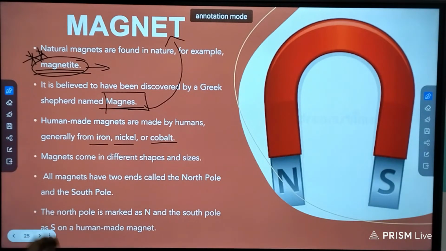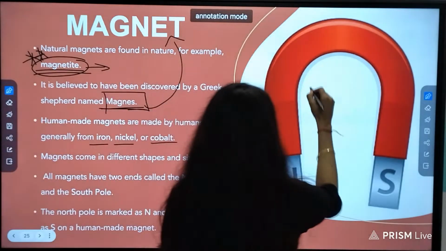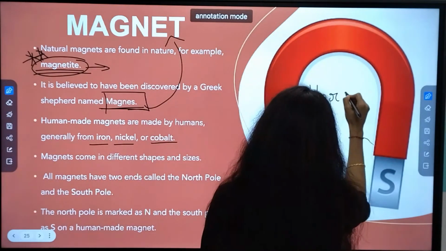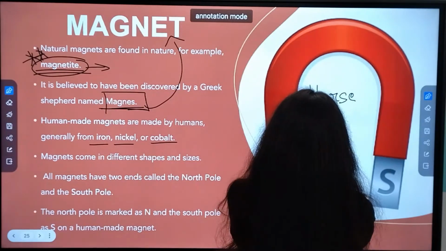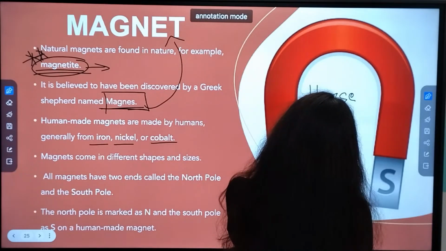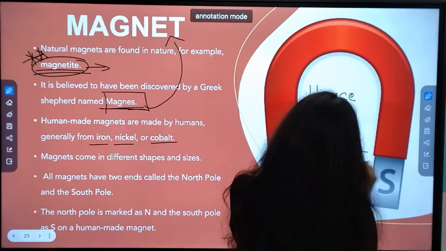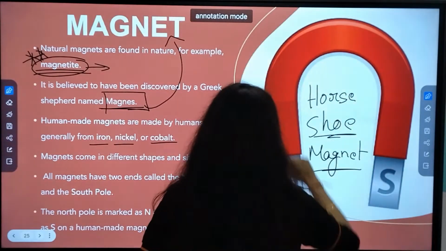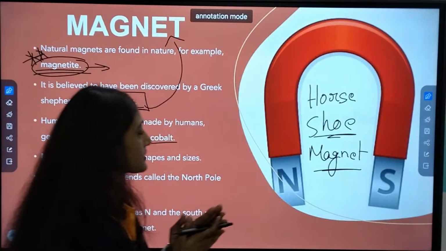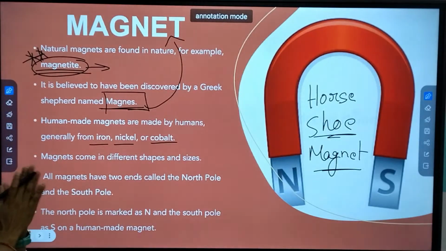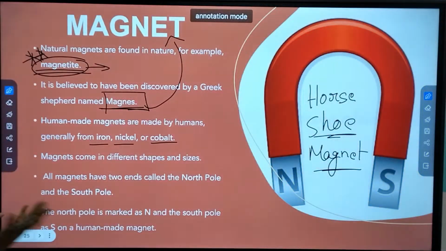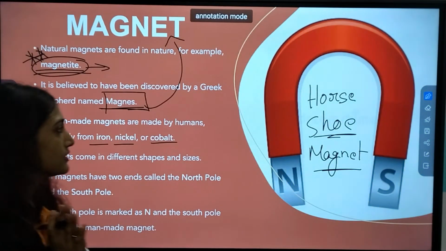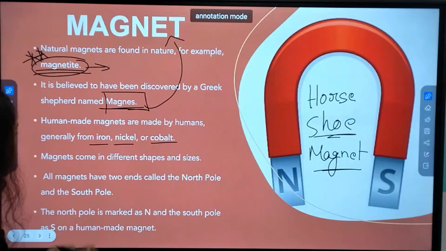Magnets come in various shapes and sizes. See, this is a horseshoe magnet. Why is it horseshoe? Because this round magnet is fixed in the paw of a horse during horse racing, and it helps the horse to walk on uneven floor easily.